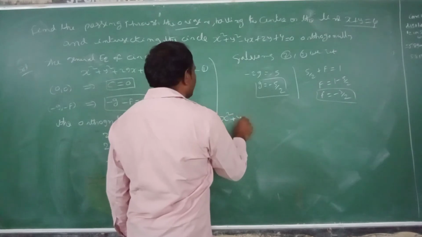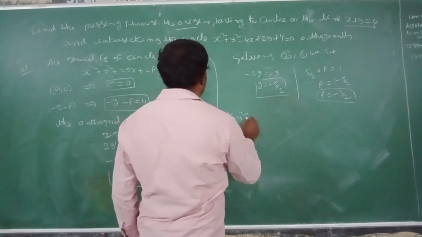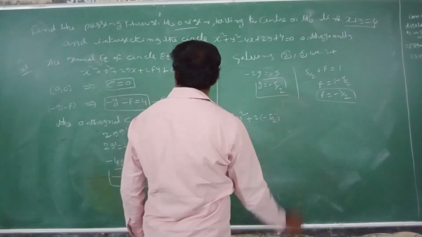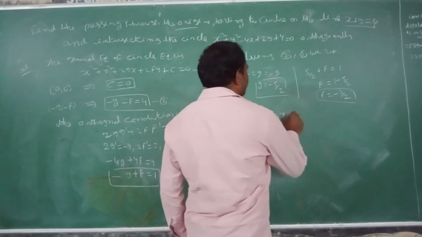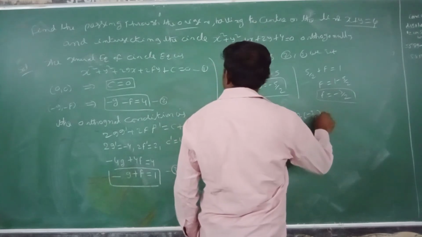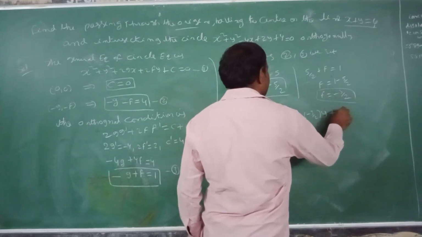Substitute these values in the general equation. x square plus y square plus 2 into minus 5 by 2 x plus 2 into minus 3 by 2 y plus c is equal to 0.